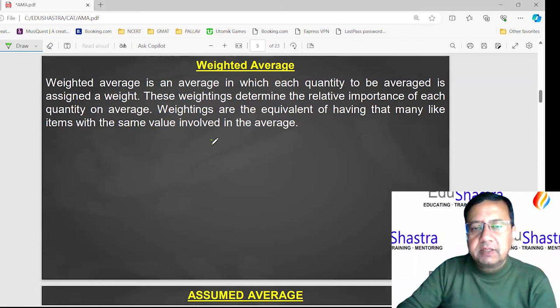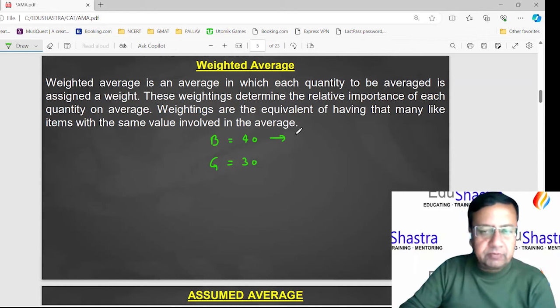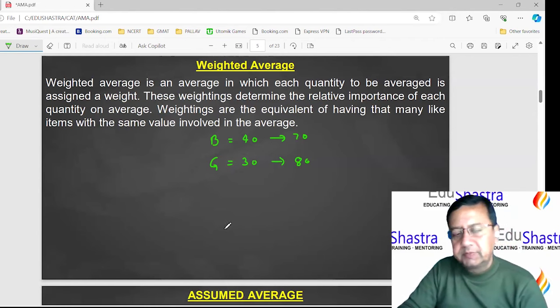So taking a weighted average, the very simple expression is what? Suppose there is one class and the class is having some boys and girls, right? Boys suppose 40 and girls suppose 30, right? For the boys, say average marks is 70, and for the girls, say average marks is 80, right?